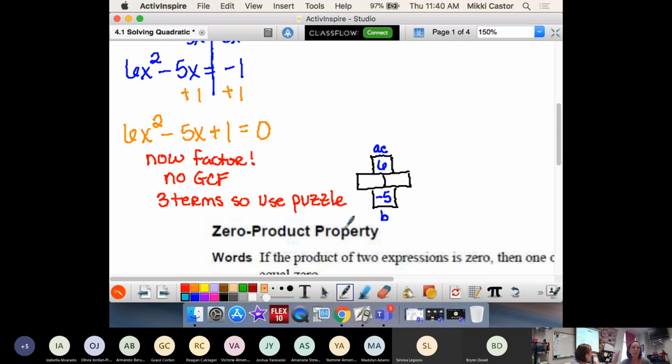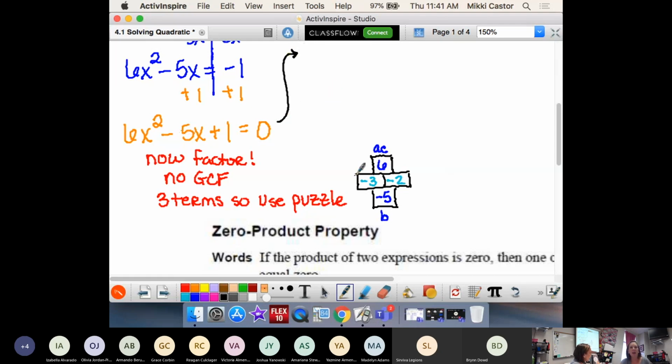Give everybody a second to process. So hopefully we came up with -3 and -2. Good, -2 and -3. All right. So now that I figured out these 2 pieces, I'm going to scoot over here where I have a little bit more room. And I'm going to do this one by grouping.